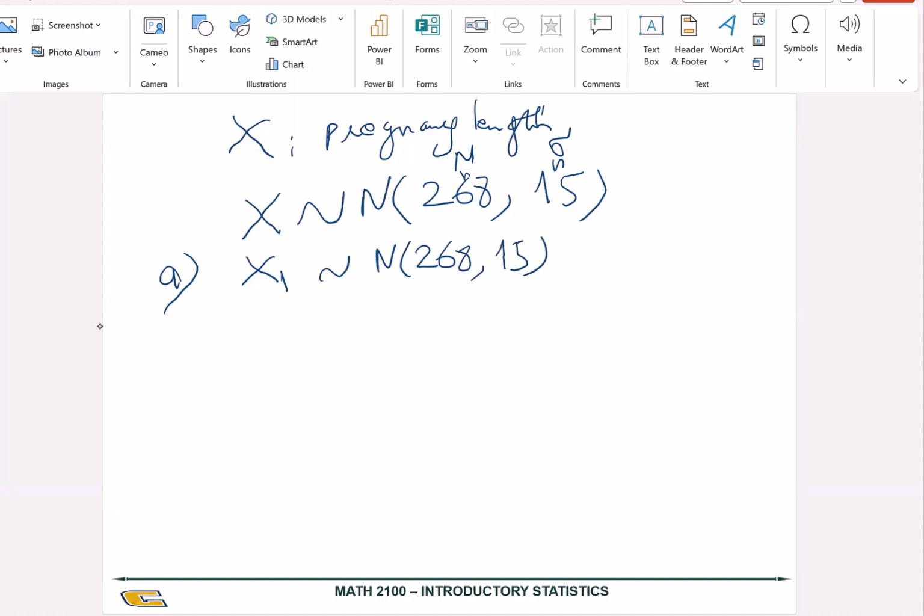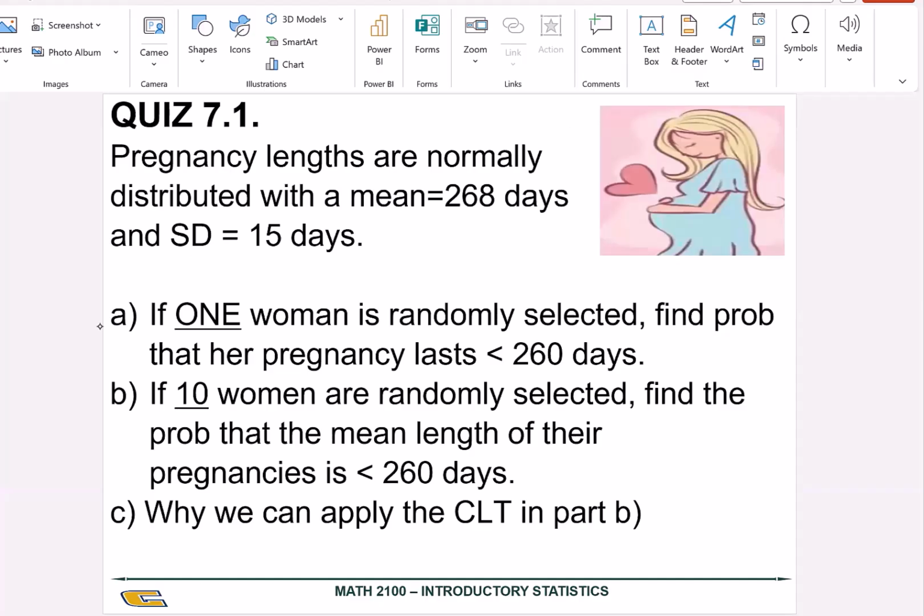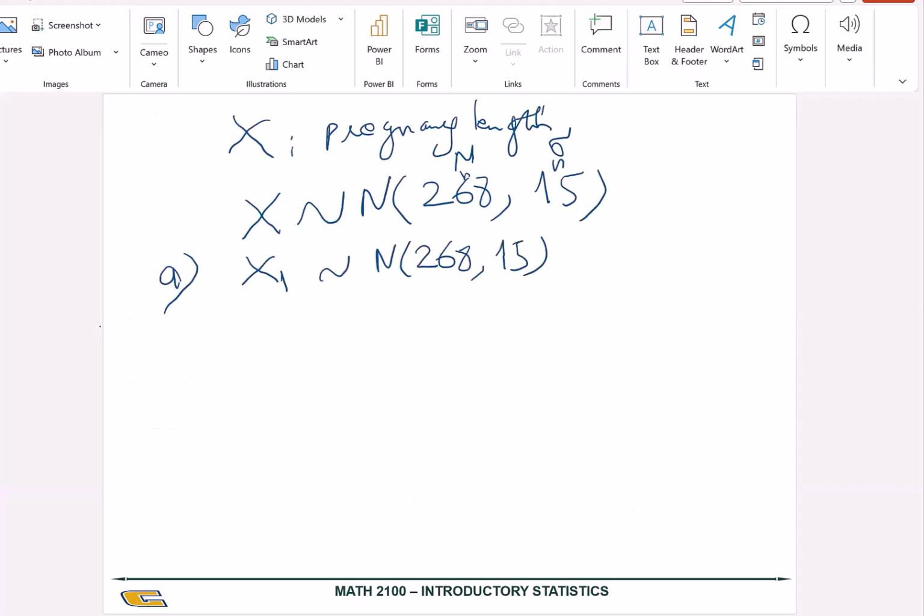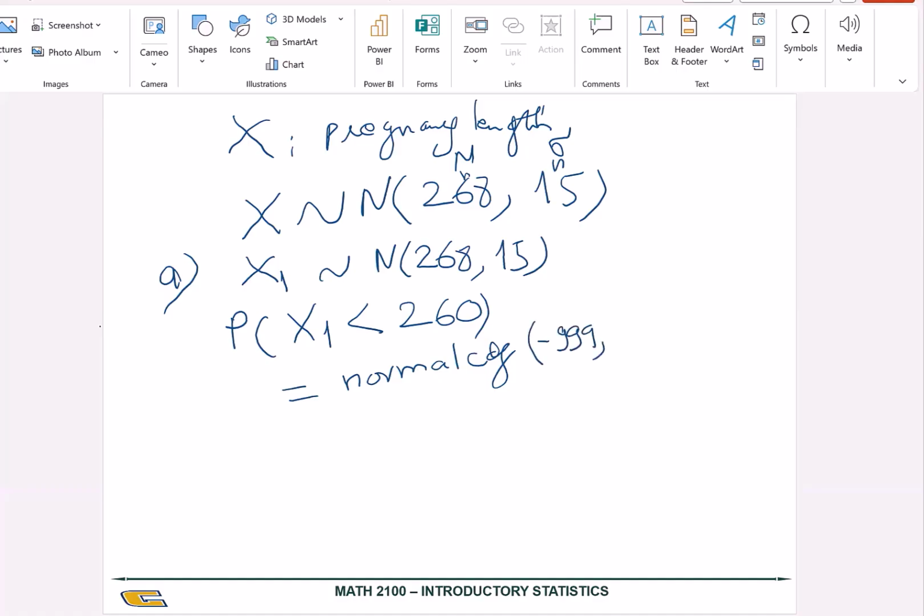And find the probability her pregnancy lasts less than 260. So this is just the probability X1 less than 260, which is a normal CDF type problem. You have the value, you want to find the area under the curve. So maybe put something small here, anything less than mu minus four sigma, but I just put it here because I'm lazy.